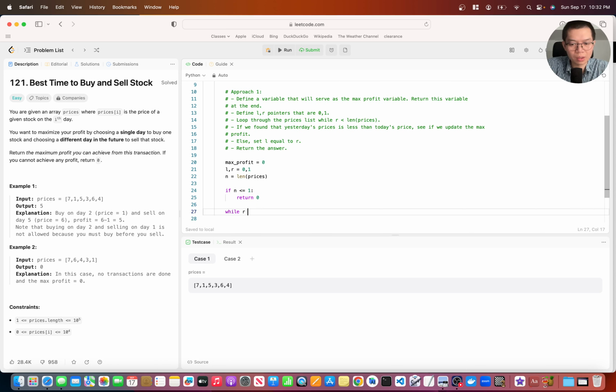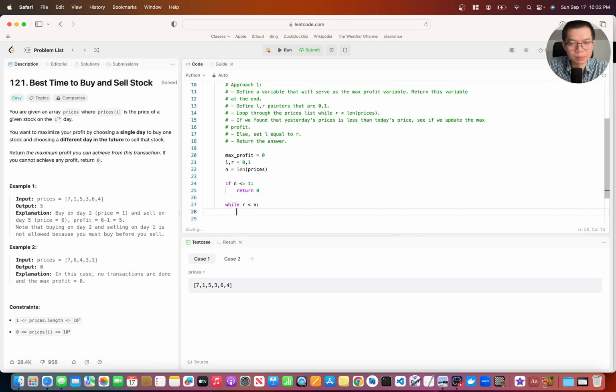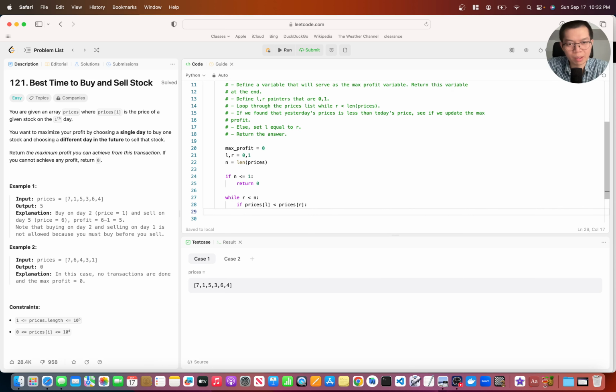While R is less than n, if prices[L] is less than prices[R], right? Then you update the max profit.